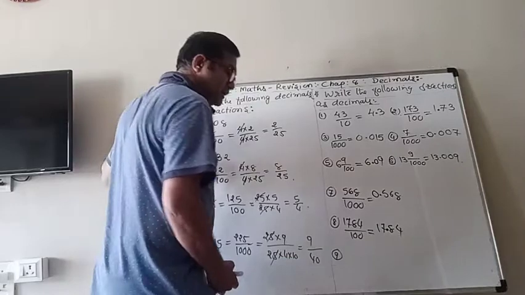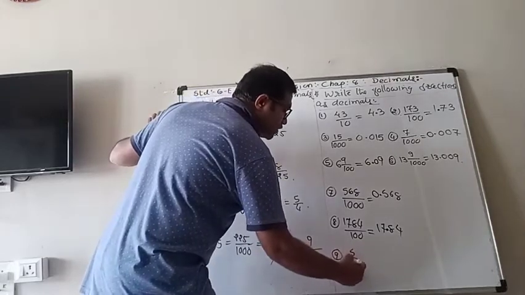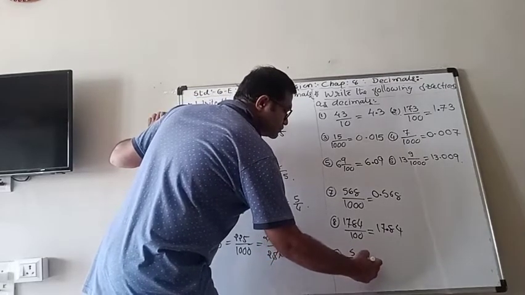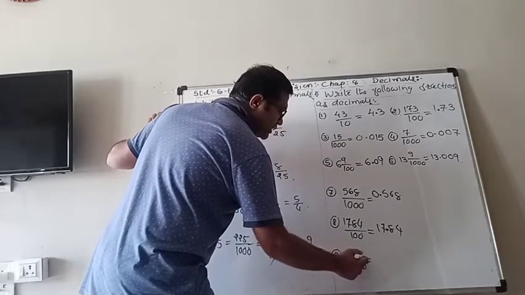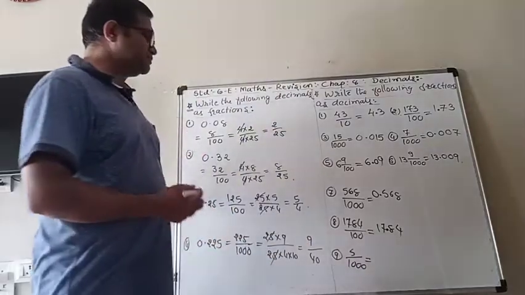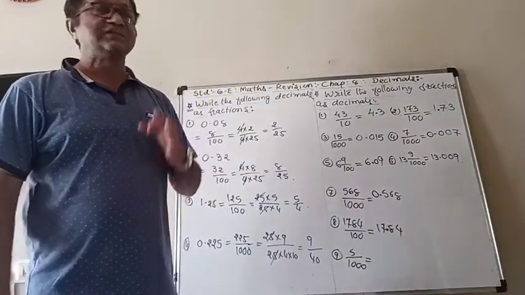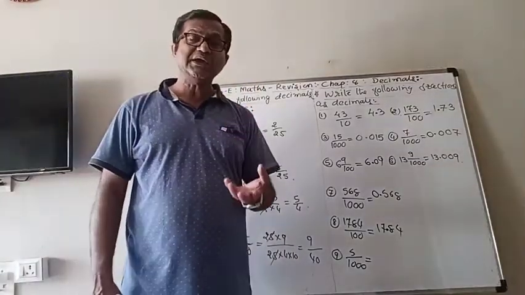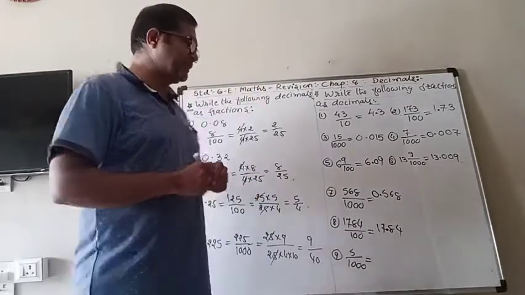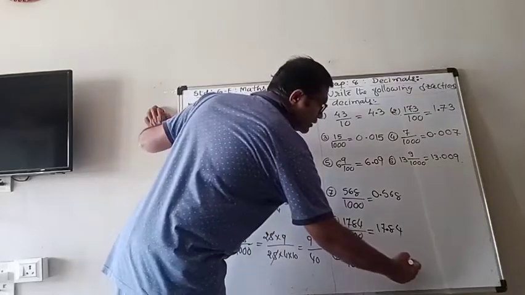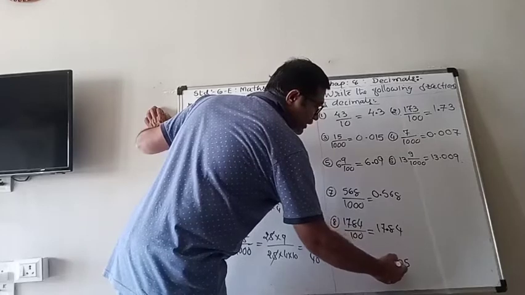9th one. There is 5 upon 1000. Here you can see that in the denominator there is 1000. 1000 means 3 zeros. 3 zeros means we need 3 decimal places, but we have only 1, 5, so we need 2 zeros.